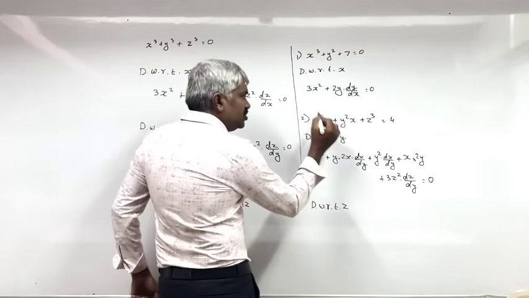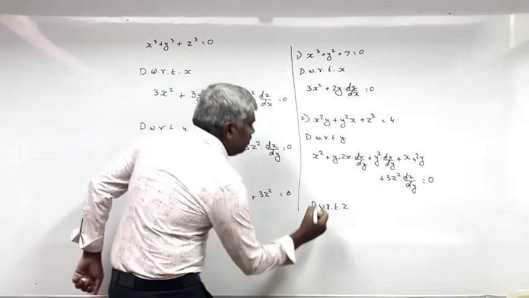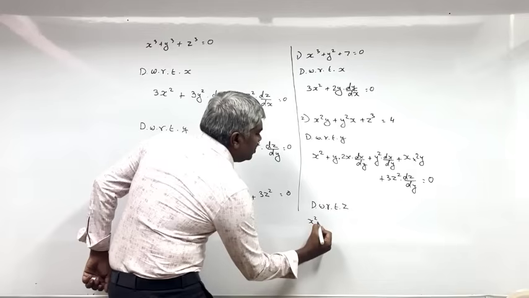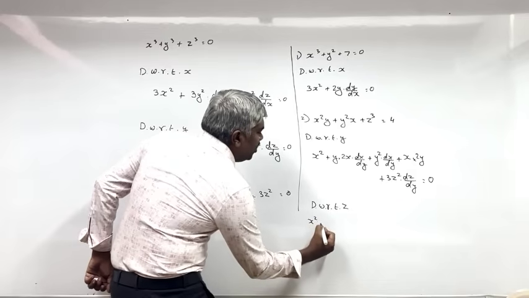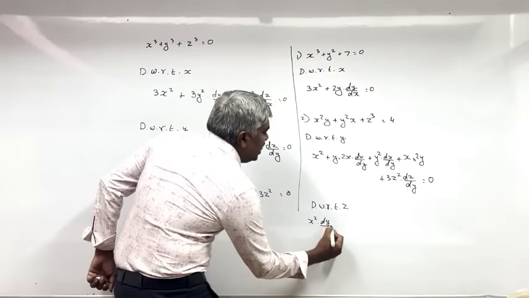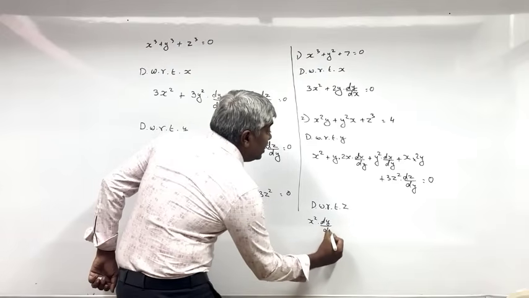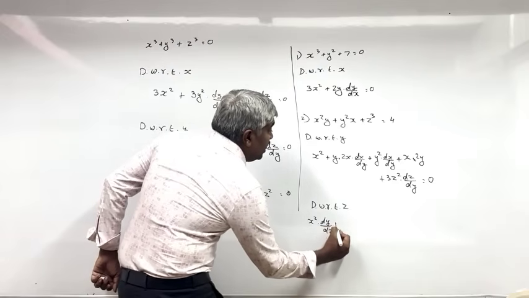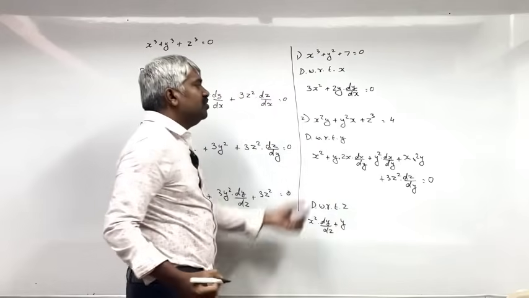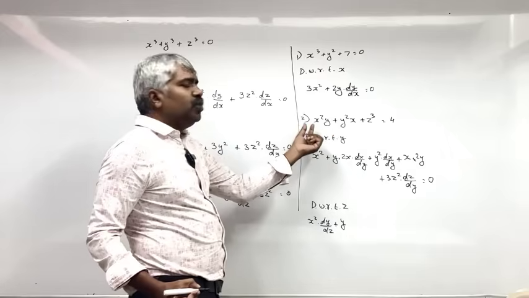You can use the same uv formula. x square, differential of y is 1 into dy by dz, right? y into, okay, v u dash.